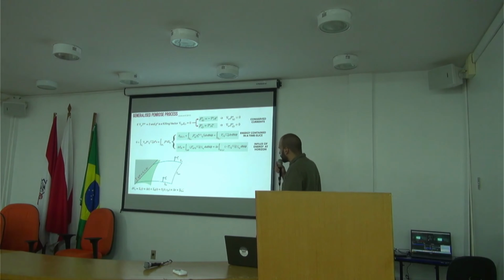So once we have this, we can just write the integral form of the relation above, and which will show that the energy contained in the time slice in the future can be greater than the energy contained in the time slice of the past if and only if the energy inflowing through the event horizon is negative.